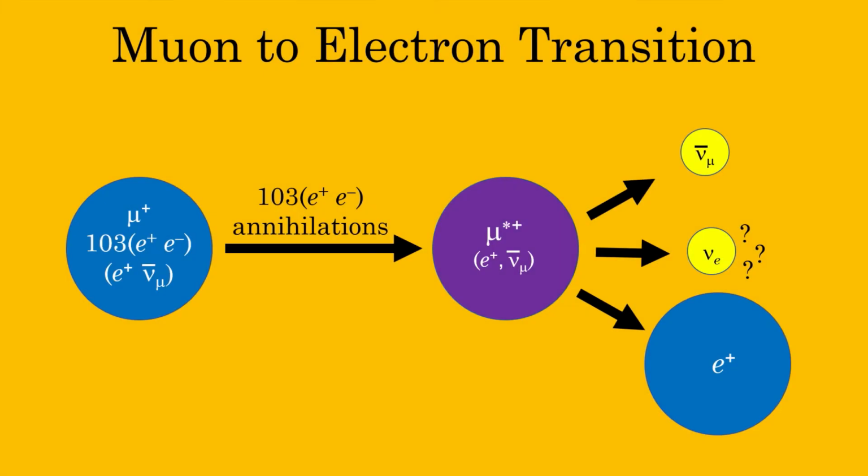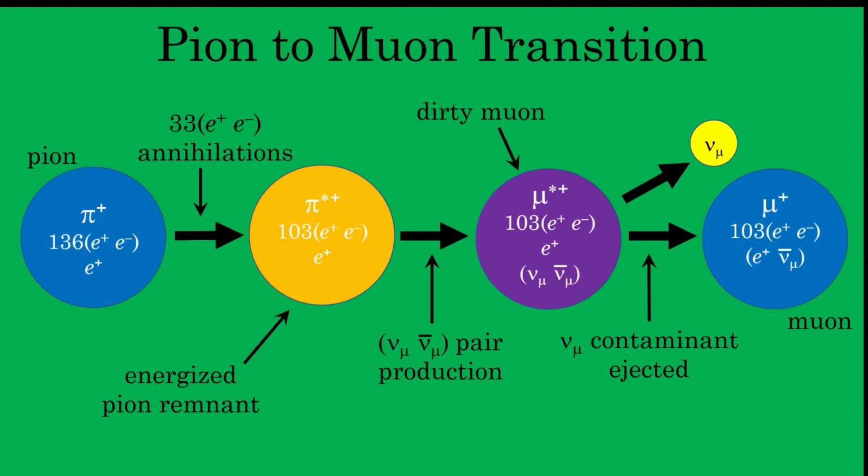When the muon decays into an electron, an antineutrino is also emitted. Where does this antineutrino come from? Considering how the muon formed, most likely from a pair production similar to the one that created the muon neutrino-antineutrino pair during the pion decay.